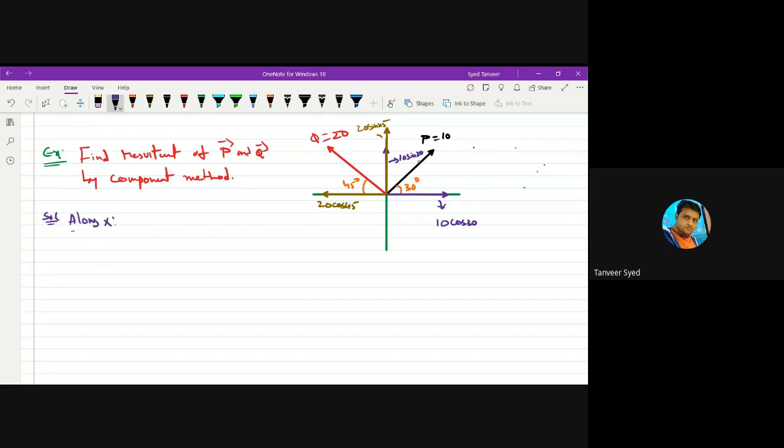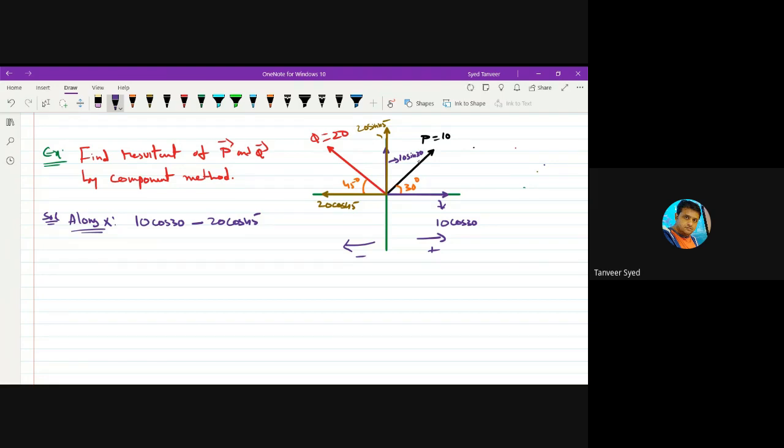Okay. Now along x direction, what do I have? I have 10 cos 30 minus 20 cos 45, because towards the right side of origin, positive x-axis is positive, negative x-axis is negative. 20 cos 45 is towards left, so it is minus.